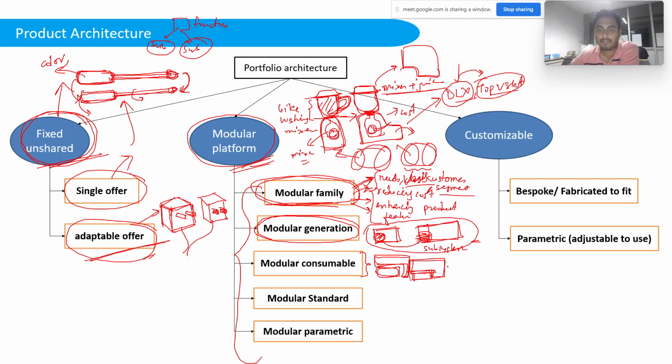So you can have different versions. For example, one printer may have a scanner, and another one is just a printer, but they use the same cartridge. So these are called modular consumable products.